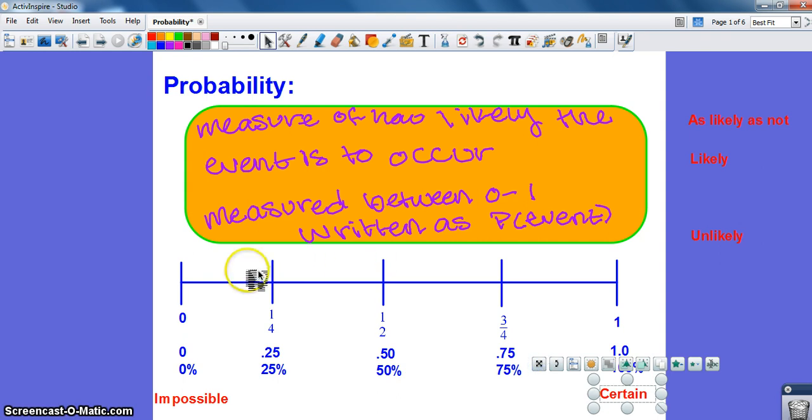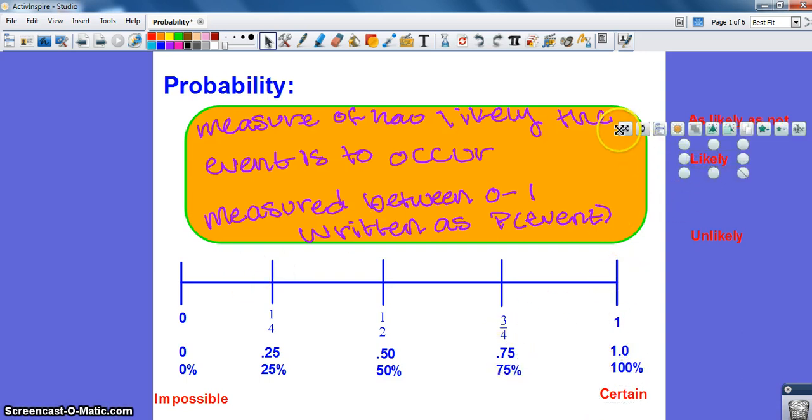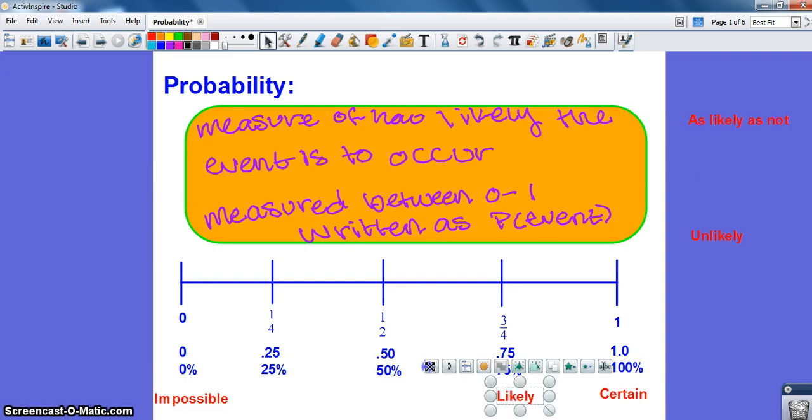Now we're dealing with the numbers 0.25, 0.50, or 0.75. If we're going from impossible to certain, it seems that likely is going to be closer to certain, and that is going to fall right here.